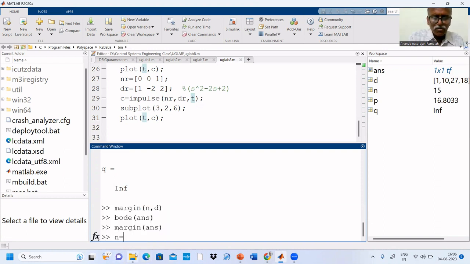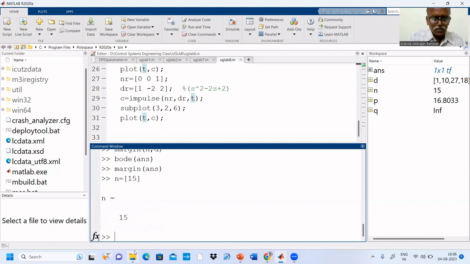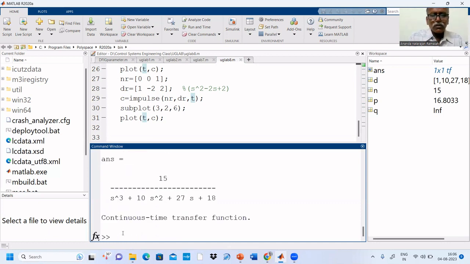The denominator coefficients: s cube is 1, s square is 10, s is 27, and the constant term is 18. So now we have to convert this into a transfer function, numerator comma denominator. The given transfer function is 15 upon s cube plus 10s square plus 27s plus 18.